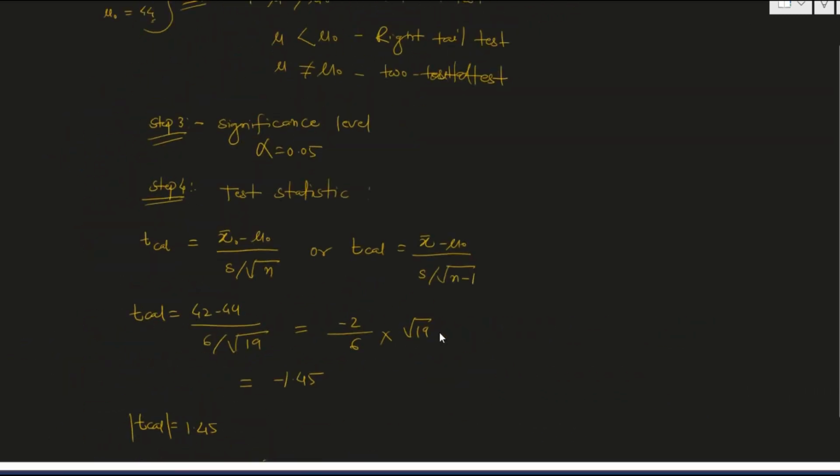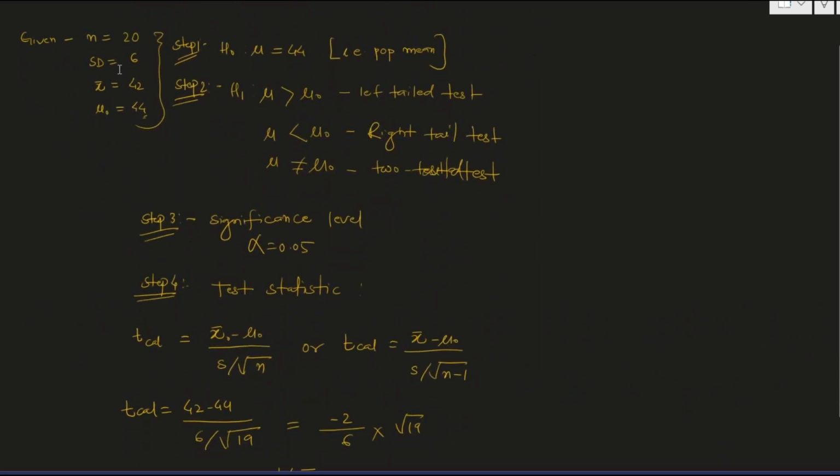So what did we do exactly here? We have all the values given: the sample size, standard deviation, the sample mean, and the population mean. In step one, we considered the mu value, that is the population mean value, which is similar to the Z test. In step two, we identified whether it is a one tail test or a two tail test.